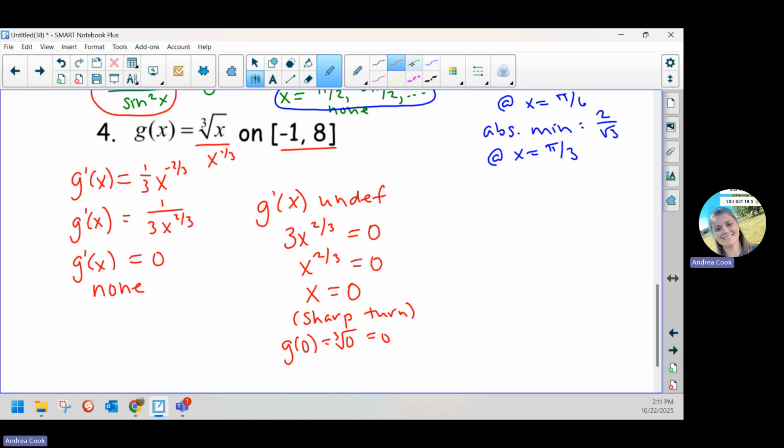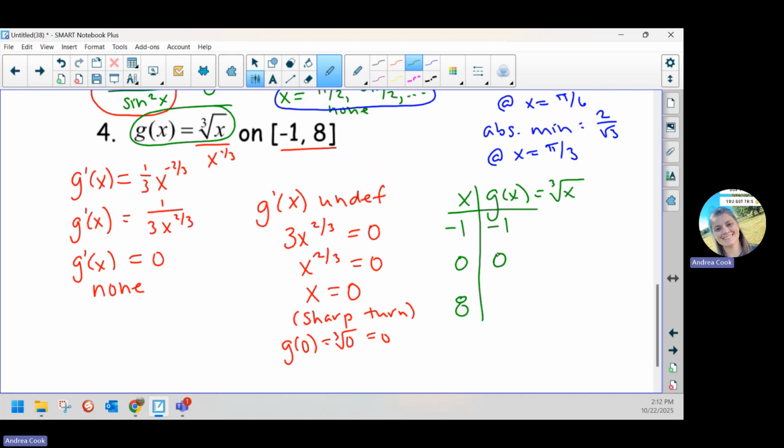Okay, so then our next step is making a table. So we have our x values and then our function. We put our endpoints and our critical value of 0. And then remember, we're plugging into the original function. So you're plugging into the cube root of x. So the cube root of -1 is -1. The cube root of 0 is 0. The cube root of 8 is 2. So this is going to be my max, and that is going to be my min.